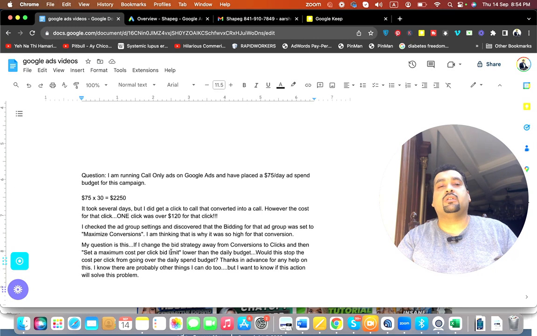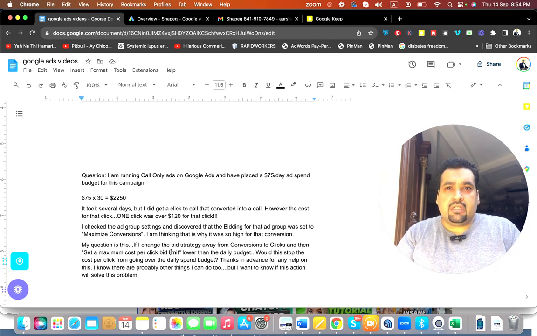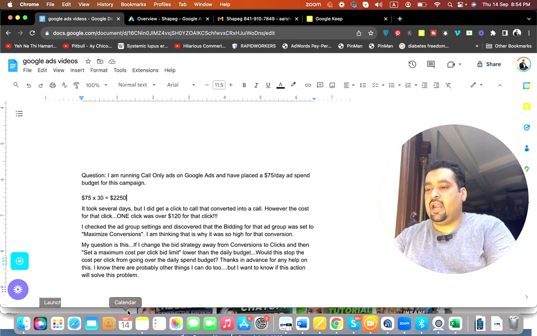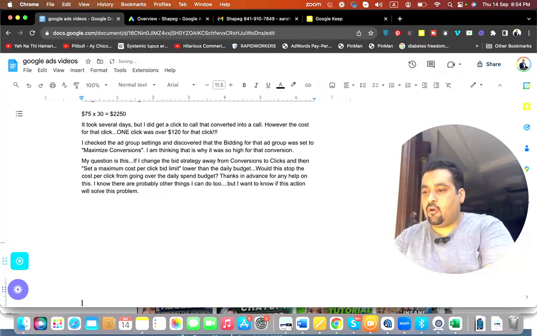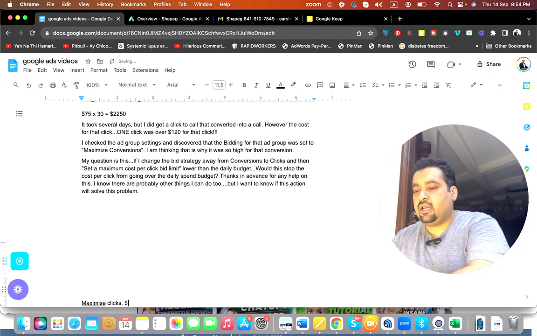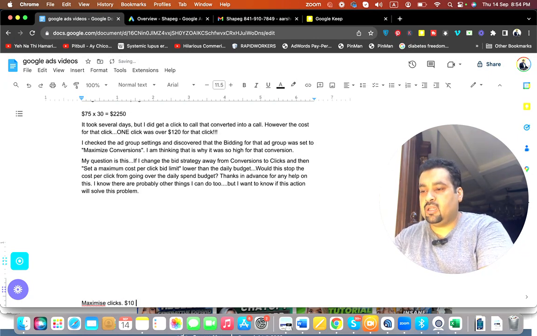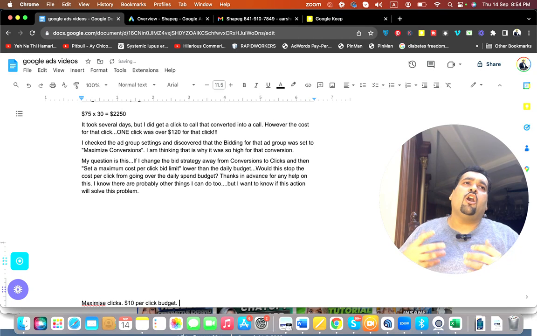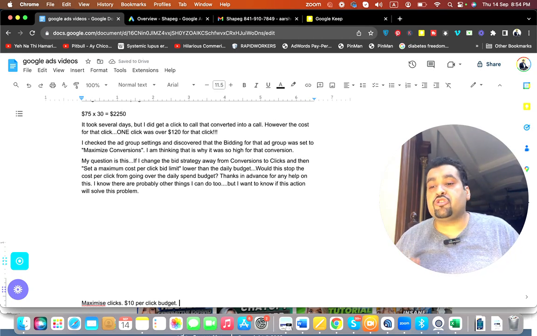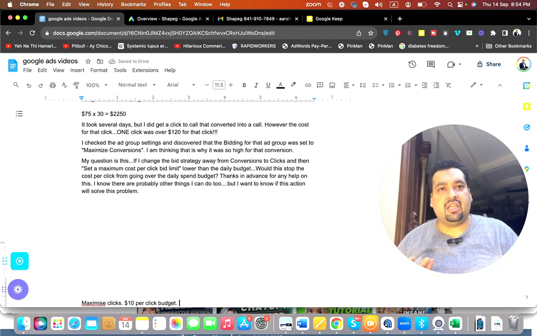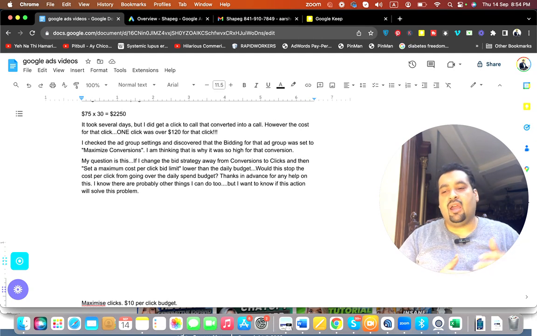Instead, go with manual CPC or maximize clicks. You can opt for maximize clicks and go with it. I agree with you on this point. You can set a specific maximum cost per click, and I can assume that you're setting a $10 per click limit. It also helps you understand what your product is and how much money you are willing to pay for each call, because definitely each call is not going to convert, and we have to get the cost data to understand what's working well.